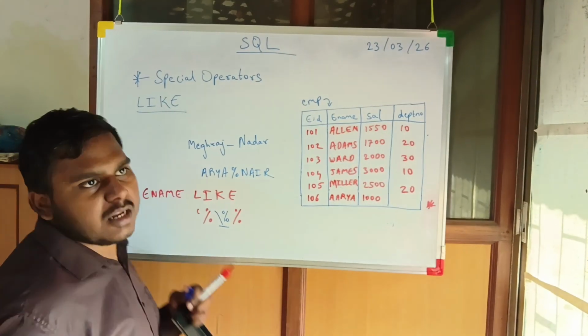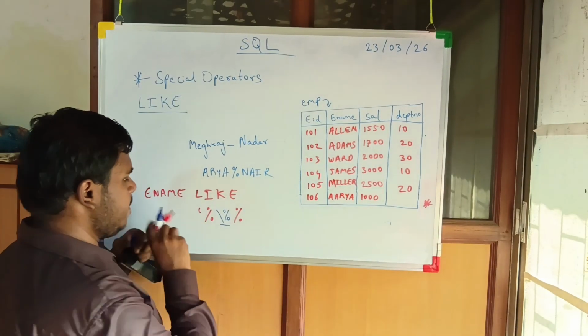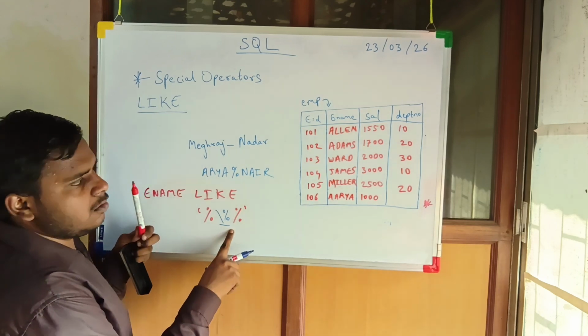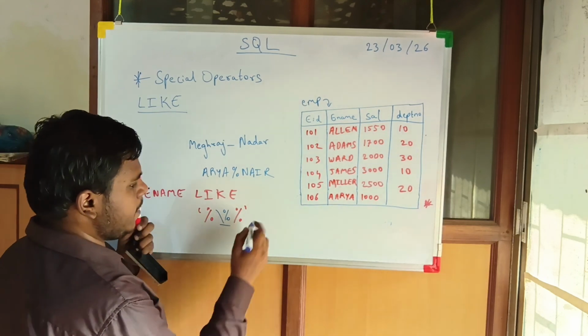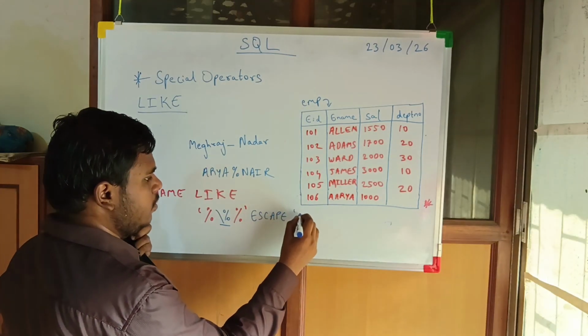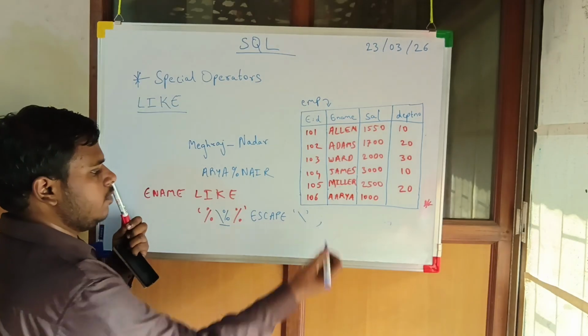Now how the compiler will understand this? The percentage in the between is a normal character, so we will use the escape keyword, and the backslash you will mention. Okay, this is how we will write the query.